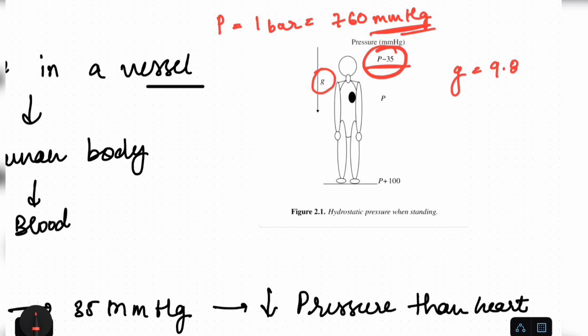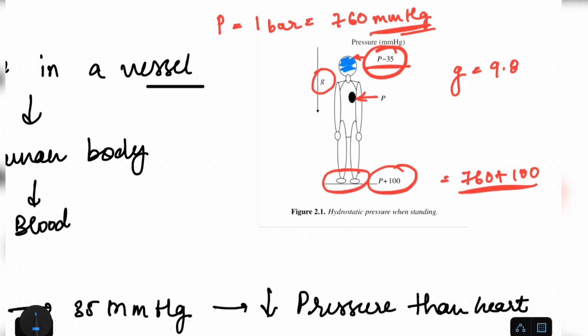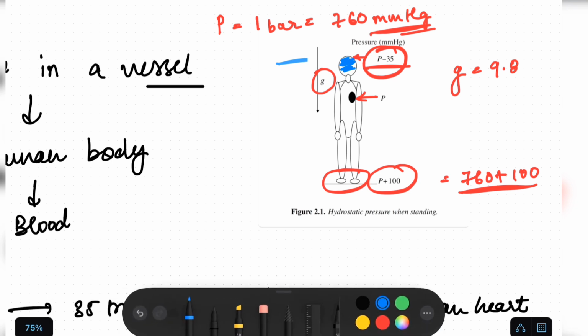This is the normal pressure around the person. So at the skull, 760 minus 35 can be the assumed pressure. At the heart, it is P, the normal pressure of the atmosphere, and at the feet P plus 100, because the height is more, so the pressure is 100 higher.